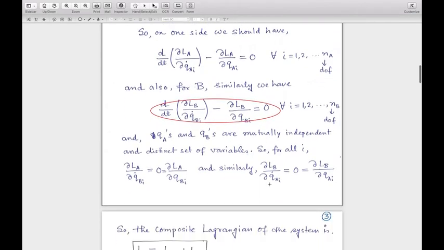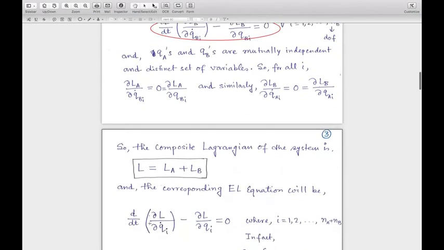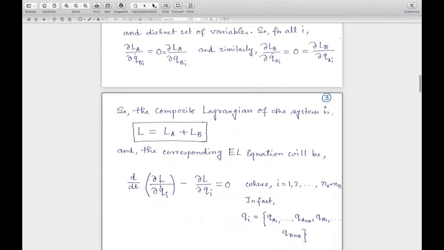And then you can say that as the Lagrangian of compartment A is independent of the generalized coordinates and velocities of B, and the same thing for the Lagrangian of B with respect to the coordinates and velocities of compartment A, finally we can always write d/dt of ∂L/∂q̇i minus ∂L/∂qi is equal to 0 for the whole system Lagrangian L, where L is αLA plus βLB.